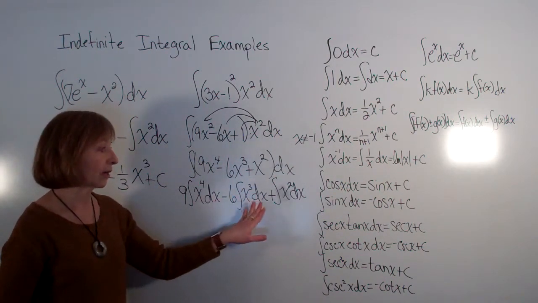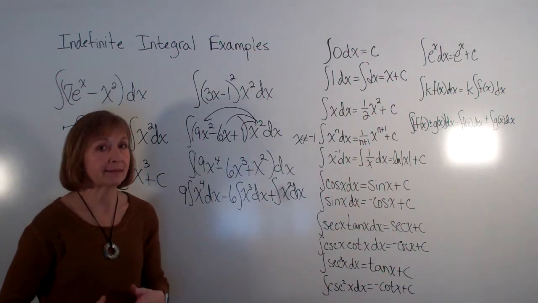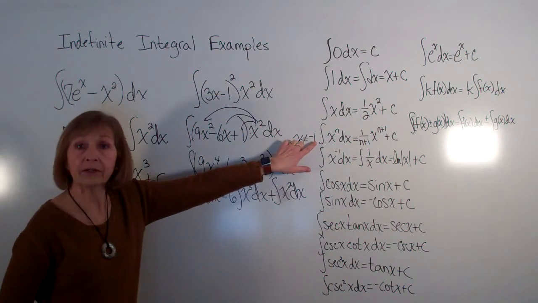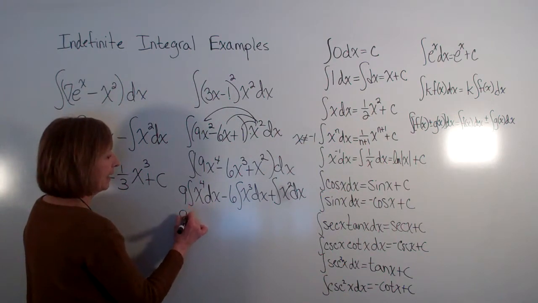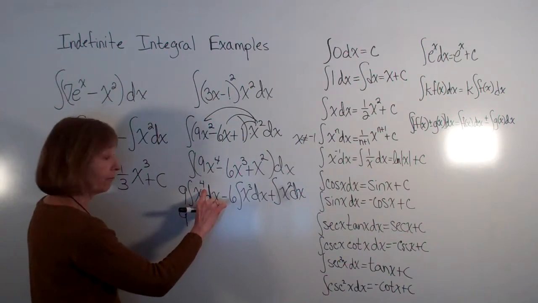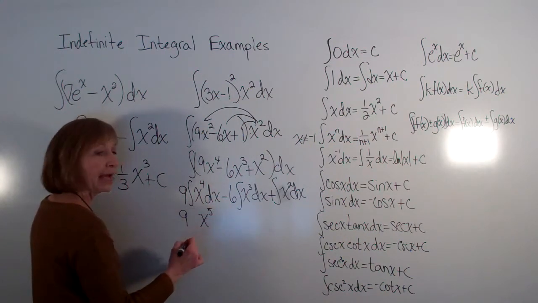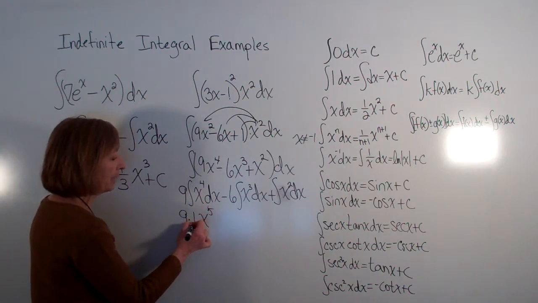Each of these is letter base to number power, and each of them, the power is not -1. So we are going to use this rule on it. So this gives me my 9 times, and then x to the, add 1 to 4 is 5. And when I divide by 5, it's the same as multiplying by 1/5.